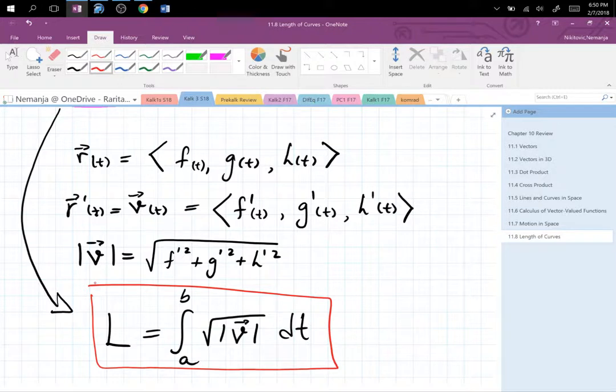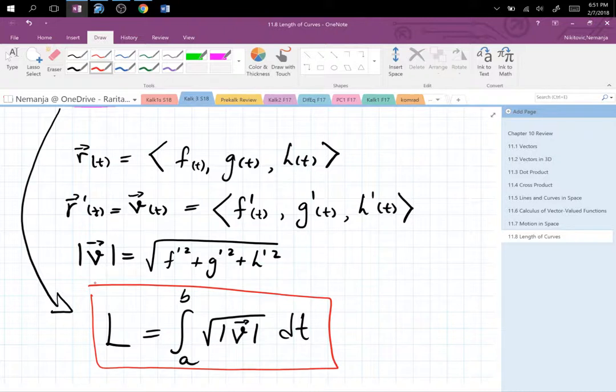Now I'm going to argue that this formula needs to make more sense to you than the one up there, because the integral of velocity is distance. Shall we repeat together? The integral of velocity is distance. Right?